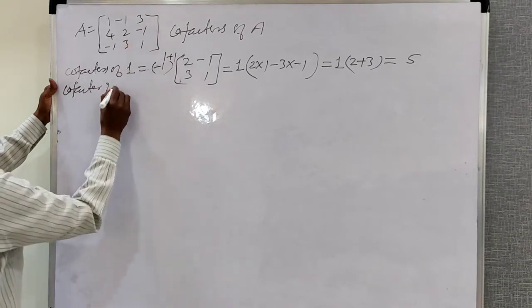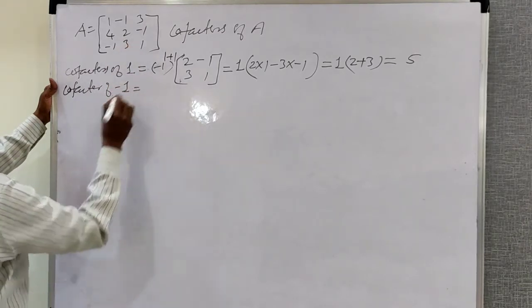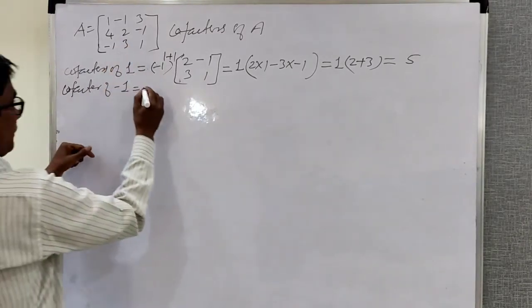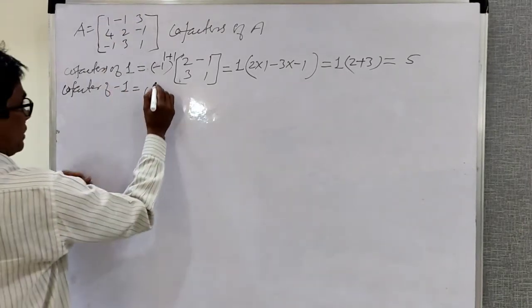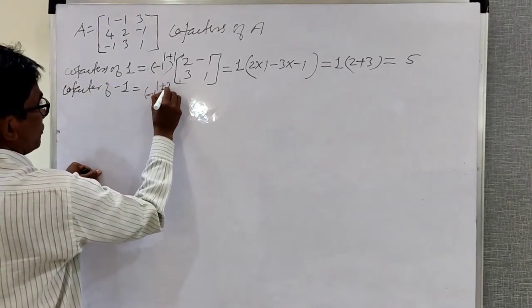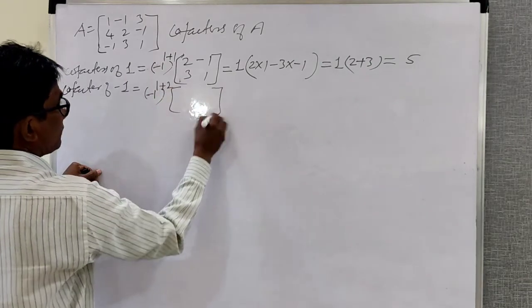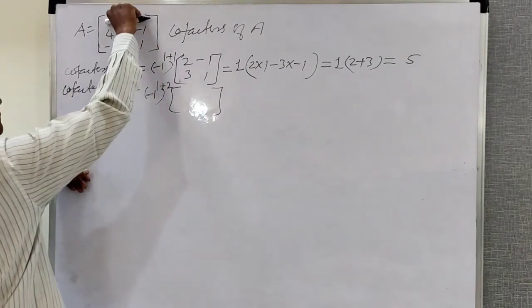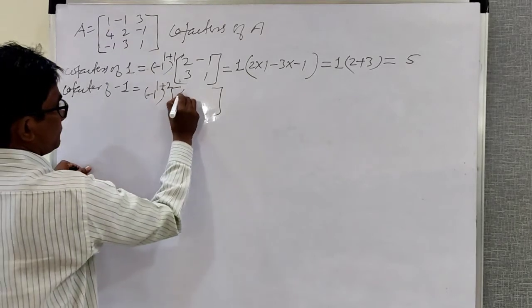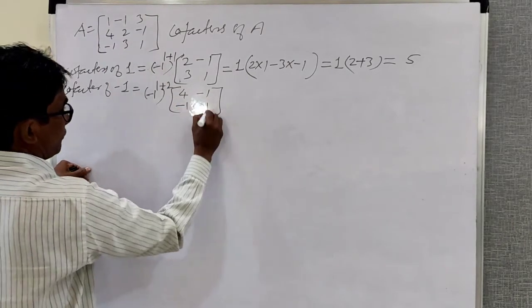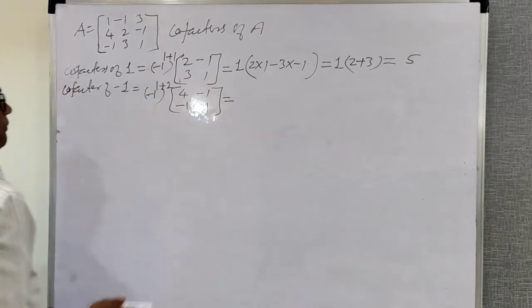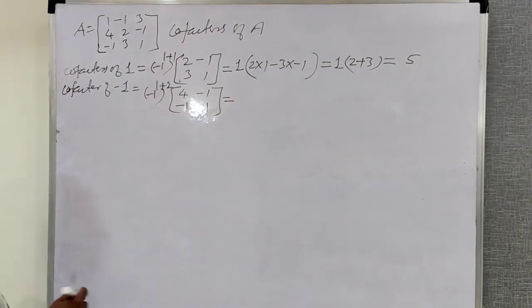Similarly, cofactor of minus 1, which is equal to minus 1 power, this minus 1 comes in first row, second column. First row, second column. And cofactors are 4 minus 1, minus 1, 1, which is equal to minus 1 power 1 plus 2, 3.